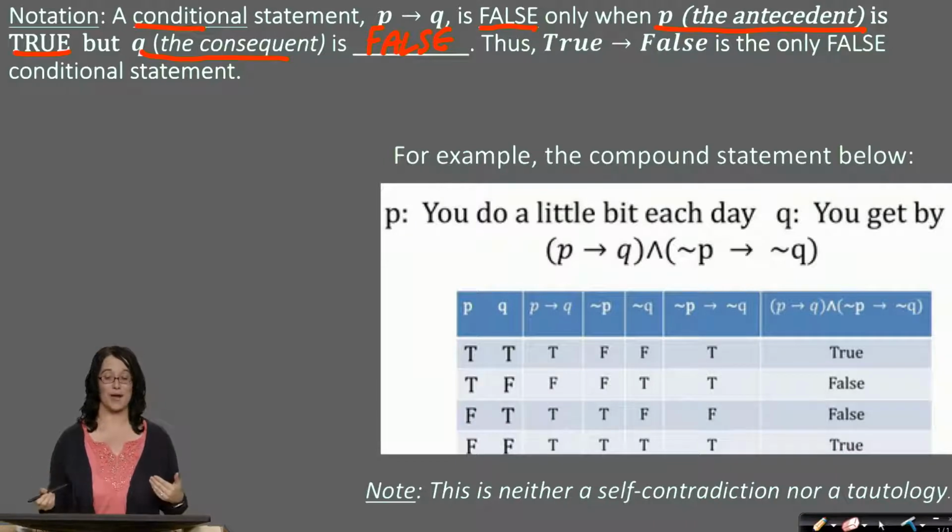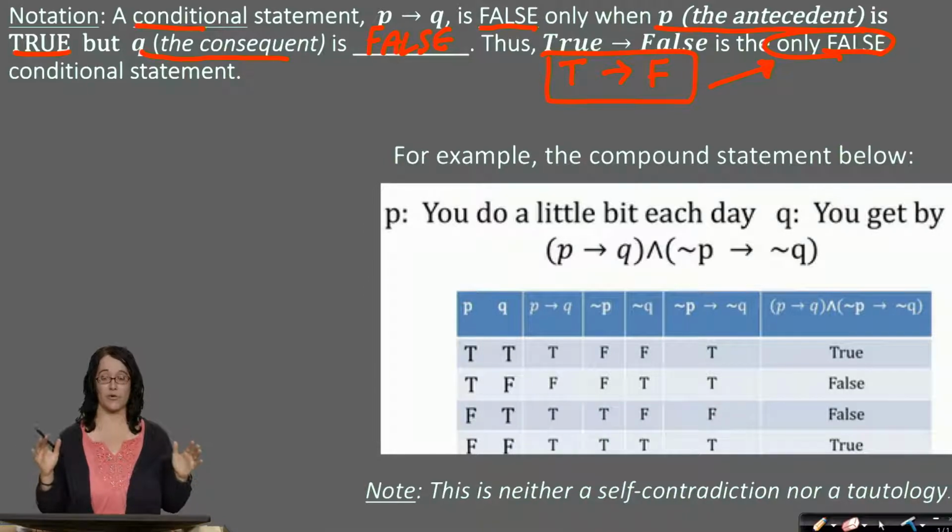That was not a true promise. So, in other words, if you have an if-then statement where the first, the antecedent, is true, but the second, the consequent, is false, this is the only case where you have a false conditional statement. So this is the only time when we have a false conditional statement.